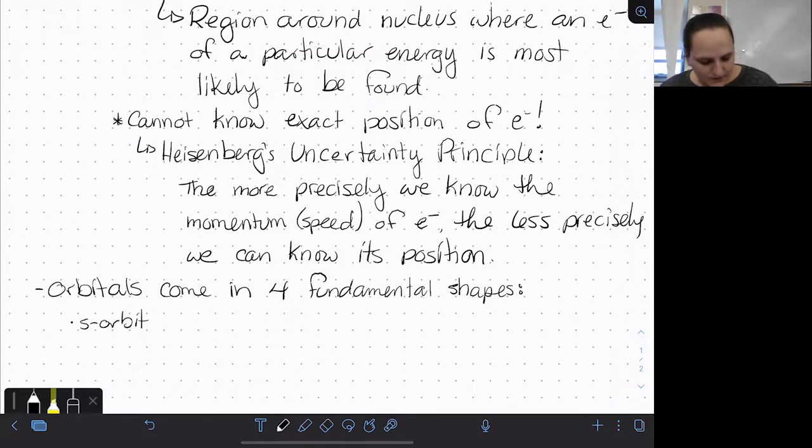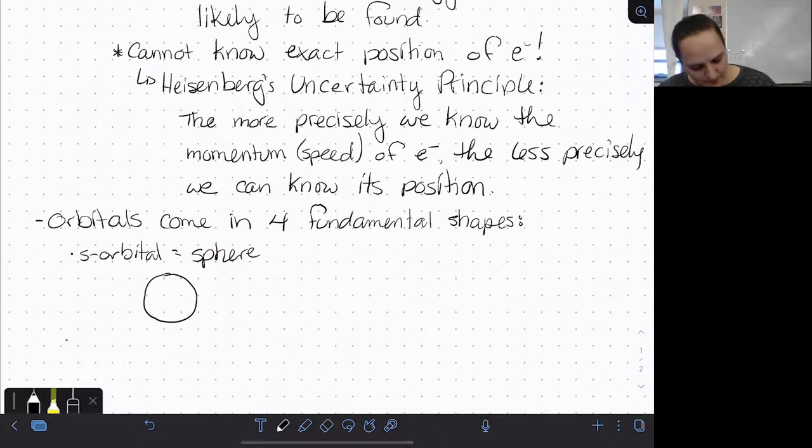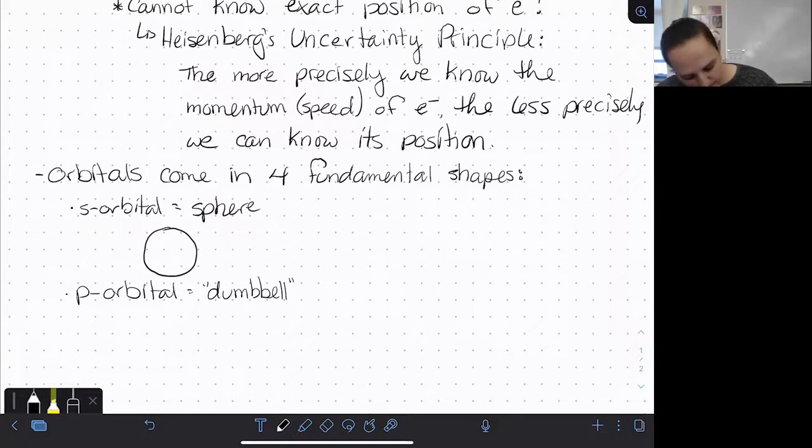S orbitals are essentially spheres, or not essentially, they are literally spheres. That's the most straightforward of the shapes. P orbitals are sometimes referred to as a dumbbell shape because they have this narrow point in the middle and flare outwards towards the end.